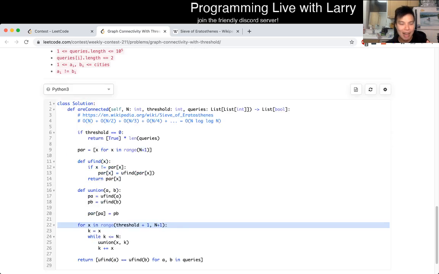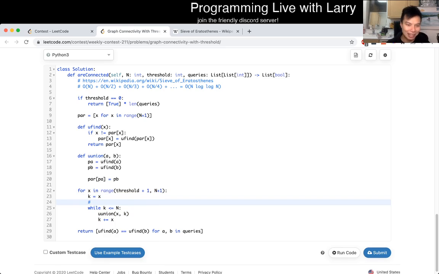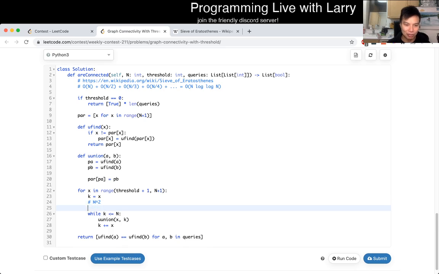Then for every x, in my code, I connect every divisor together. You could do this with some m squared edges, but because it's connected, all we have to do is connect to the first node, which is x.